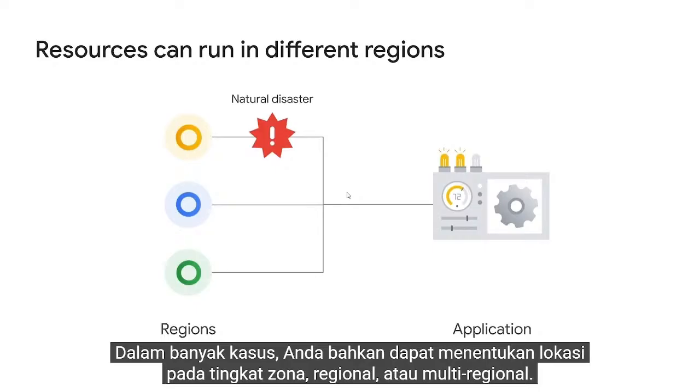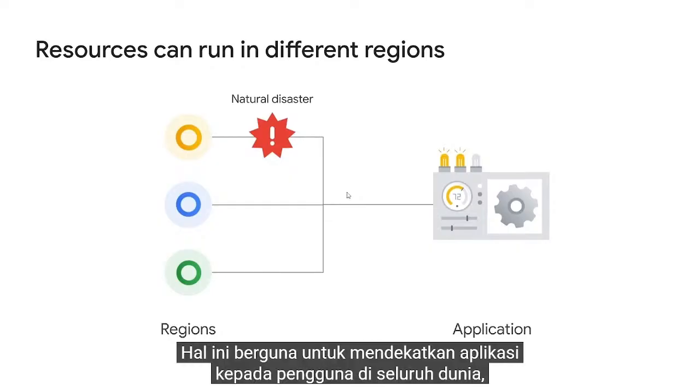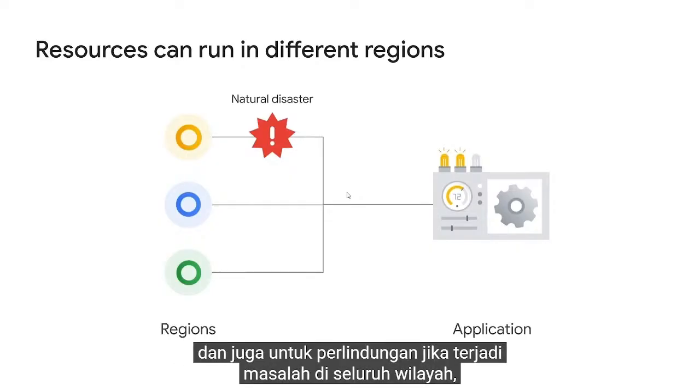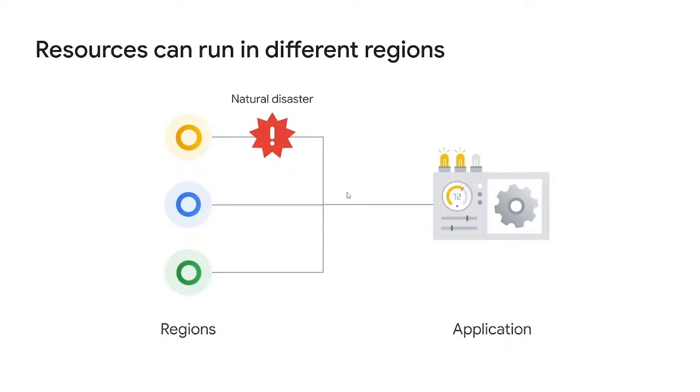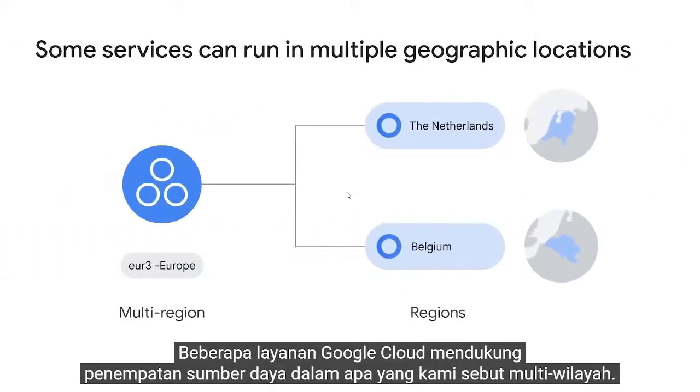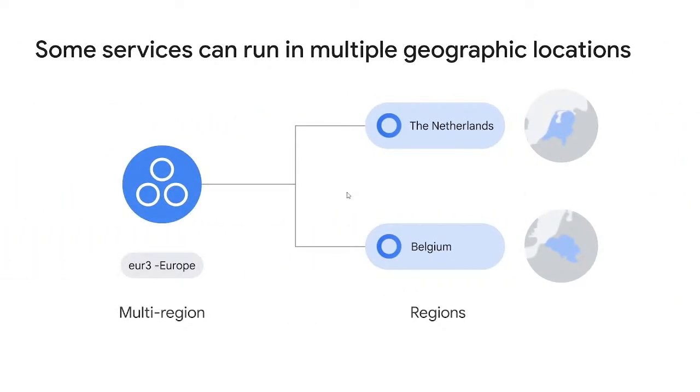In many cases, you can even specify the location on a zonal, regional, or multi-regional level. This is useful for bringing applications closer to users around the world, and also for protection, in case there are issues with an entire region, say due to a natural disaster. A few of Google Cloud services support placing resources in what we call a multi-region.